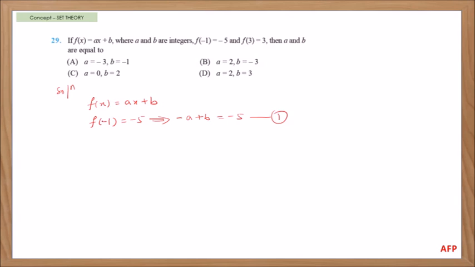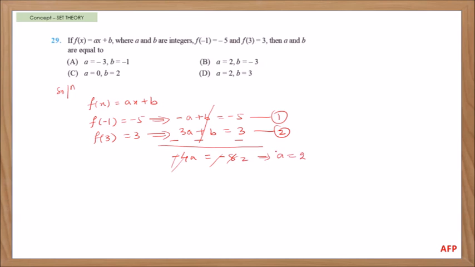Second one, f of 3 is equal to 3, so 3a plus b is equal to 3. This is the second equation. If you solve them simultaneously, b cancels out, minus 4a is equal to minus 8, so a is equal to 2.